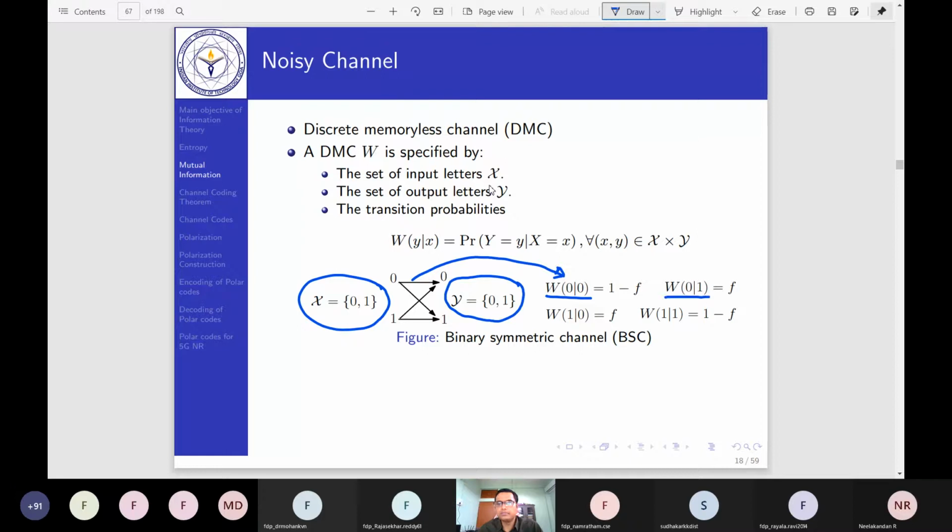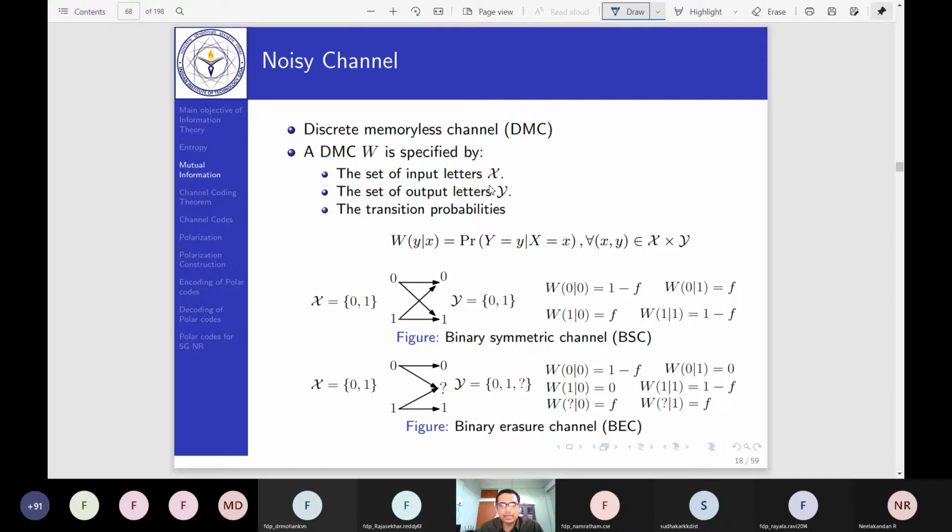And W of 0 given 1 means the probability of getting 0 given that 1 is transmitted. So this link is also f, and it is symmetric because this one is equal to this one. This is one example of a commonly considered noisy channel model.